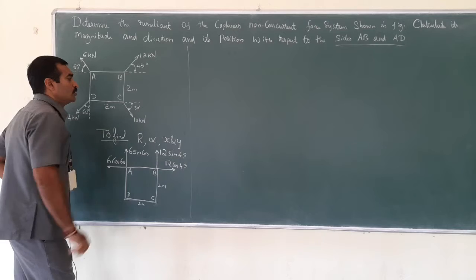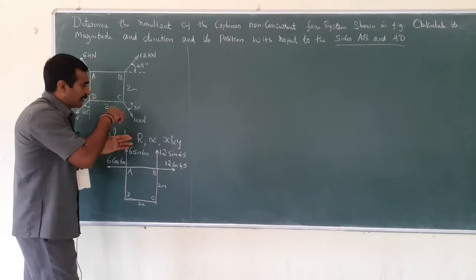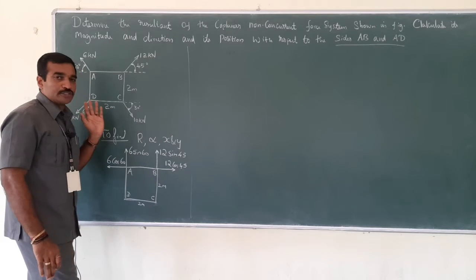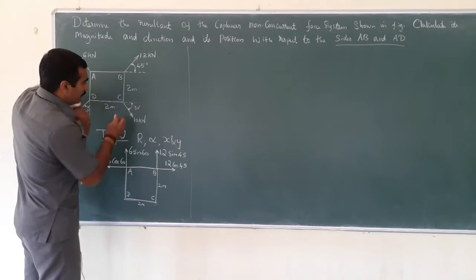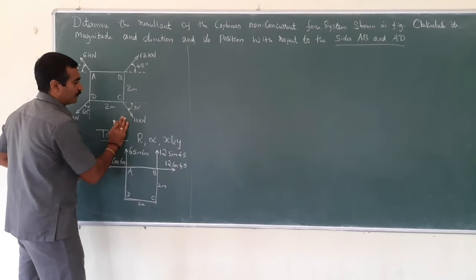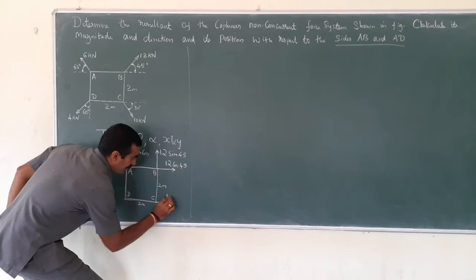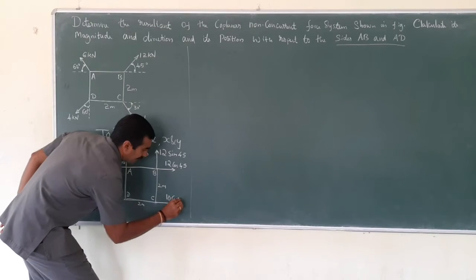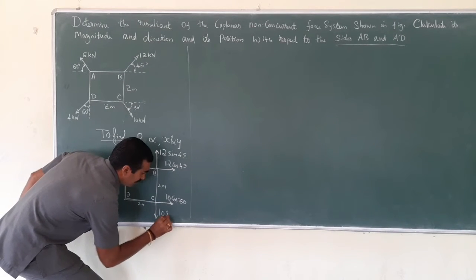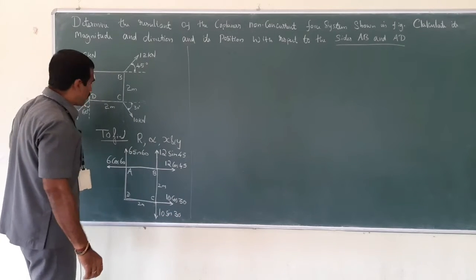Let me just move to point C, wherein a force which is not vertical, is inclined with a 30-degree inclination of magnitude 10 kilonewton. So its nearest vertical can be in this position and its nearest horizontal can be in this position. So the horizontal can be 10 cos 30 degree and the vertical can be 10 sin 30. Got it?